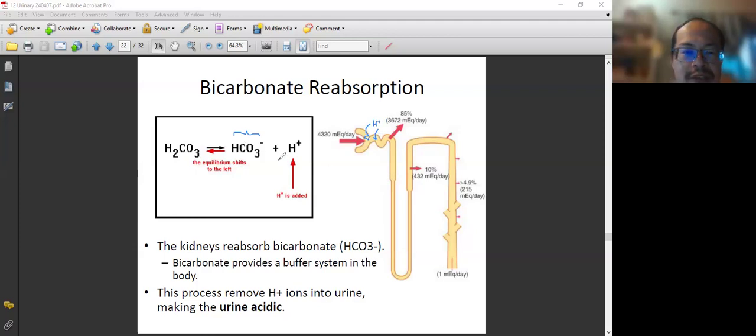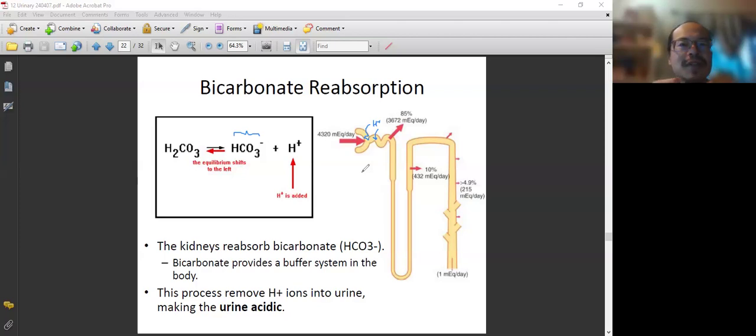When our body secretes hydrogen, then we can convert the bicarbonate back to these products. Then we can reabsorb them back. By doing so, we secrete hydrogen. There are some more processes in it, but I don't want to make it too complicated for you guys.